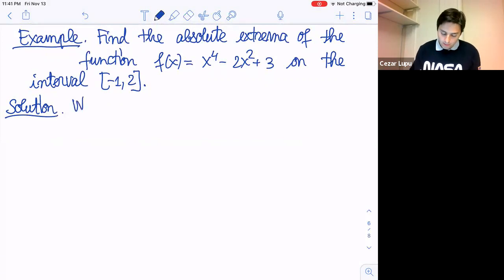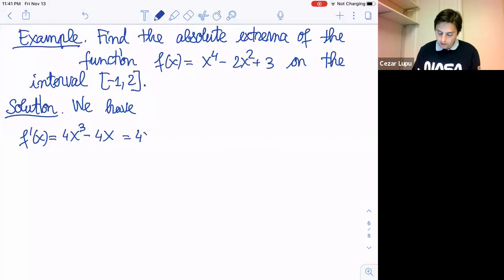We have that f prime of x is 4x cubed minus 4x. We can factor out 4x, so it will be 4x times x squared minus 1, which is x minus 1 times x plus 1.